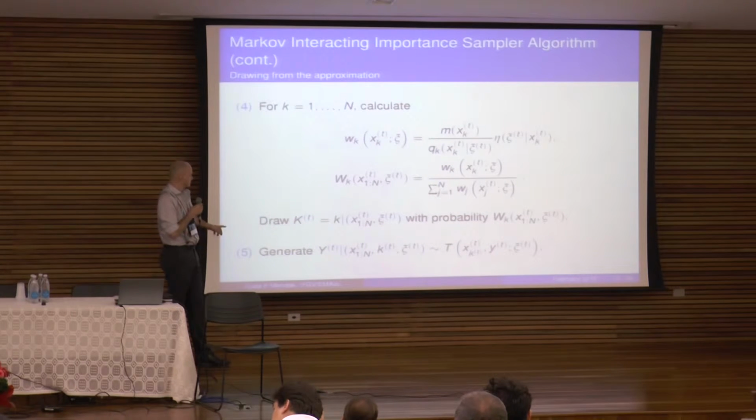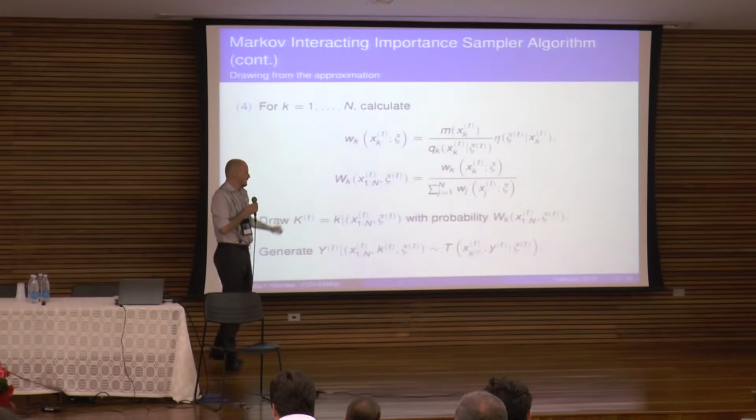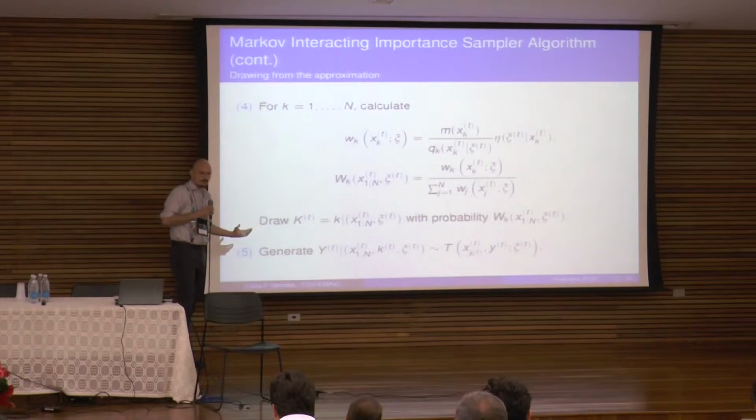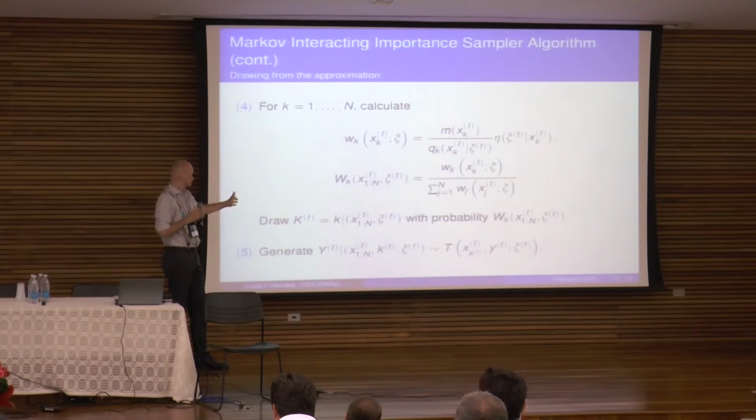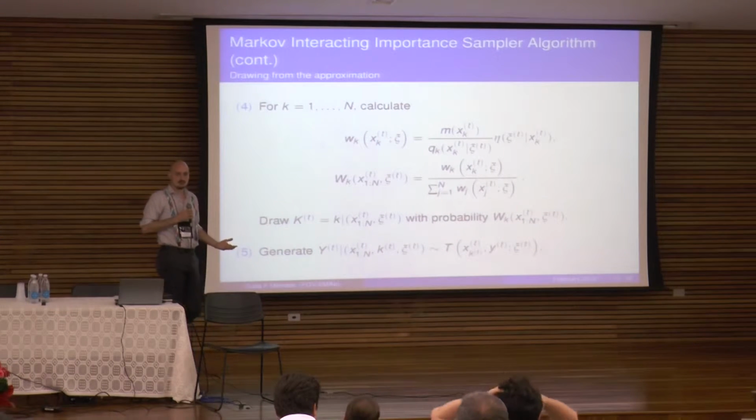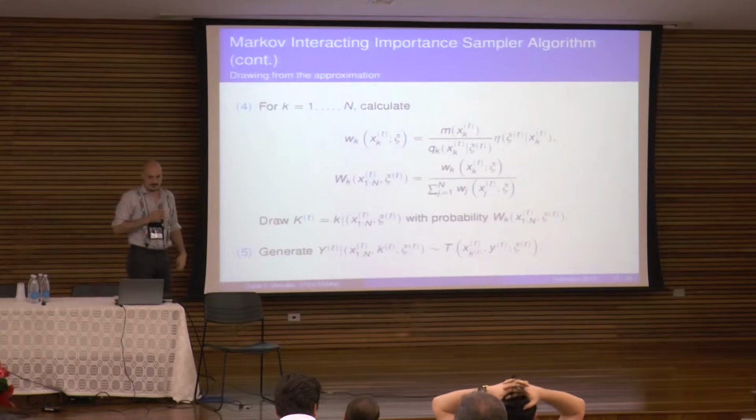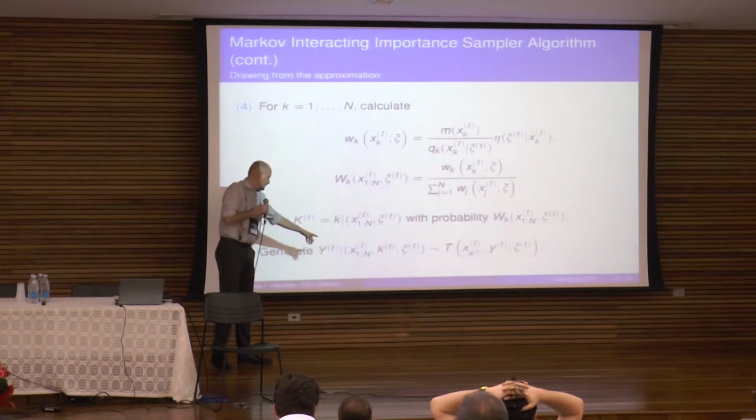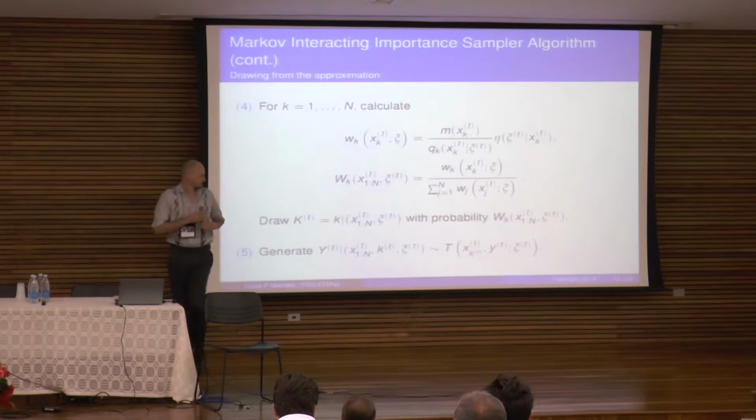One important thing here is that you can actually draw K using a Markov transition kernel. You don't really need to sample with probability proportional to w, because with a Markov transition kernel you may have improvement in the mixing of your sampler. And finally, you propagate your xk.